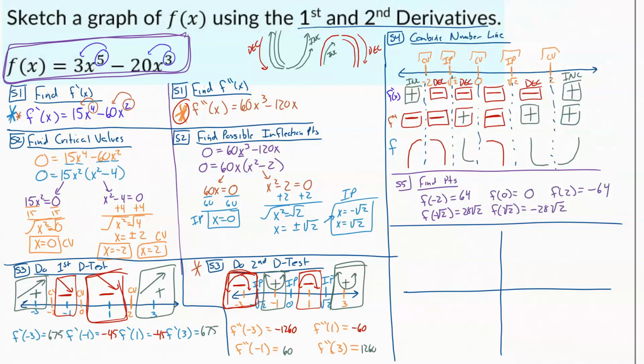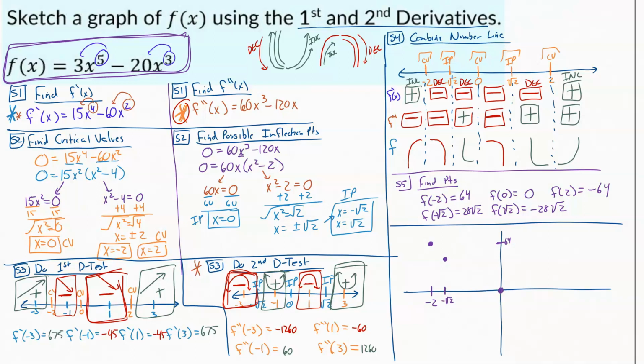So then what I do is I come back and I say, okay, at -2, I need a point at 64. So I'm going to put my dot right there. Then just to the side of that, at -√2, I need 28√2. Again, you can put that type of stuff into your calculator and get yourself an estimate for where it's located. Then the next point that I run into is happening at 0, 0.